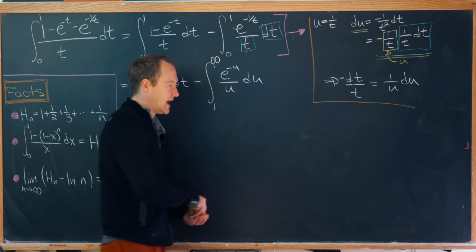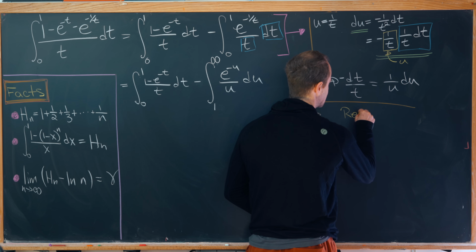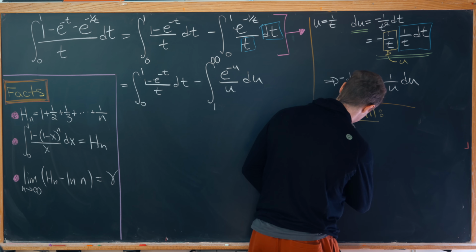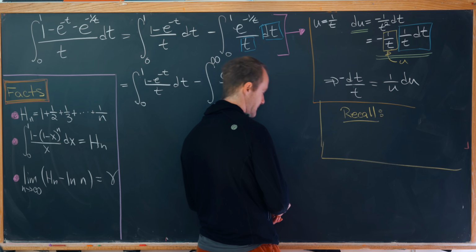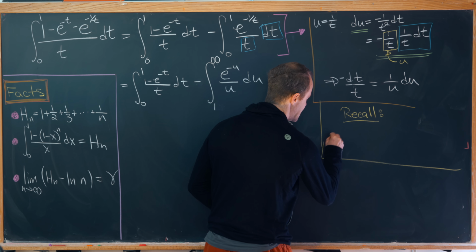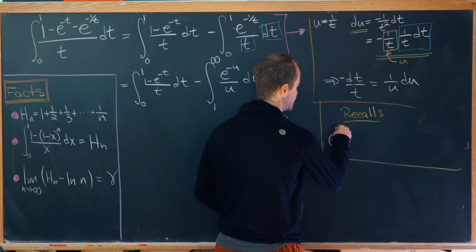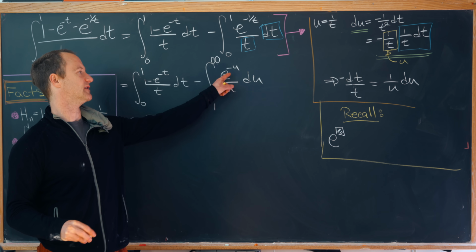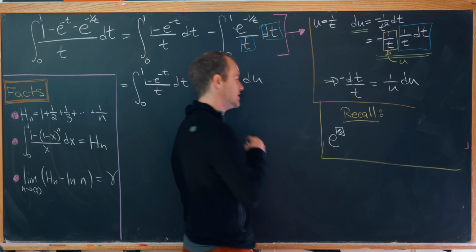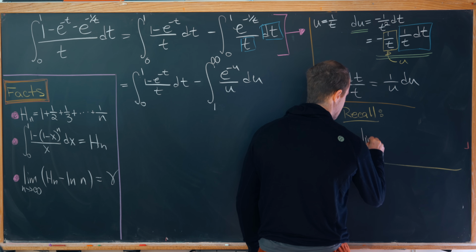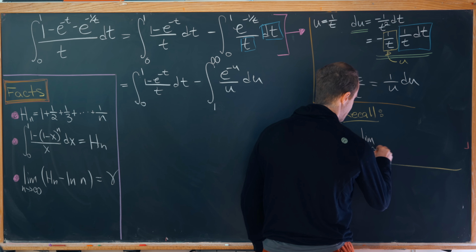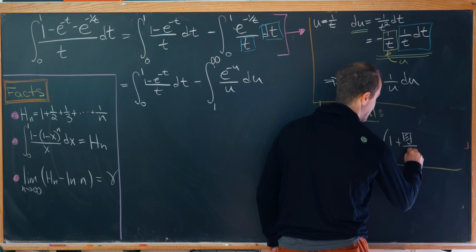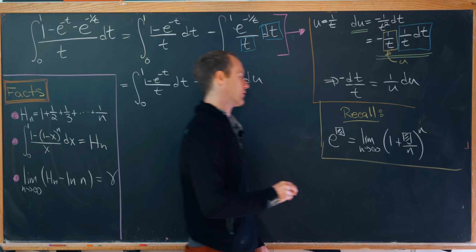Okay, great. And now let's recall this nice limit definition that we have for the exponential function, which we'll use for our next step. And that says that e to the something, so I'll just use a box to mean something. In this case, the box will be minus t, and in the second case, the box will be minus u. So that is equal to the limit as n goes to infinity of (1 plus that something over n) all to the n power.